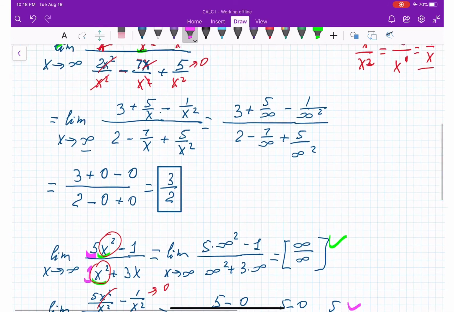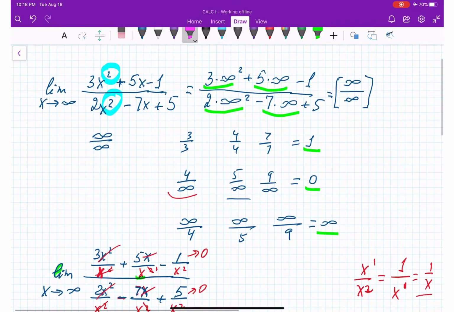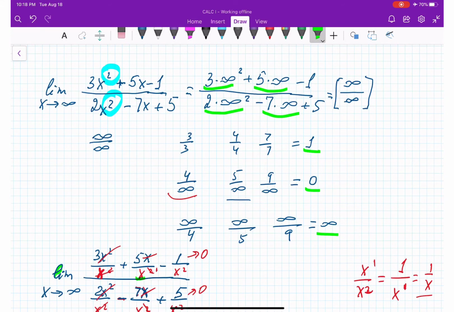Now going back here, we have x squared. Highest degrees are the same. Therefore, the answer is going to be, if x is approaching infinity, we have the case infinity over infinity.